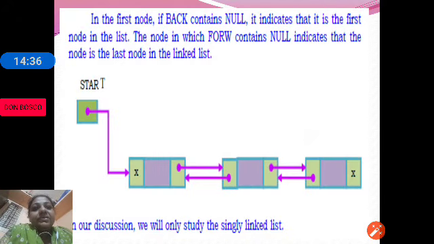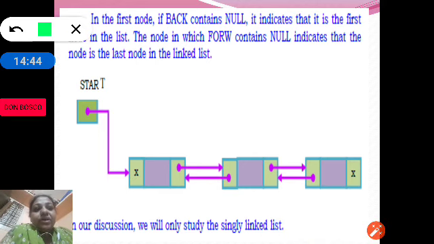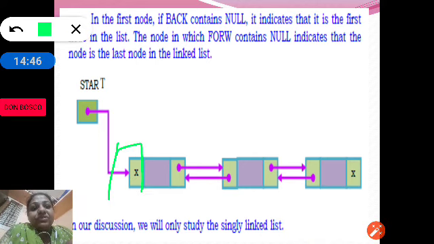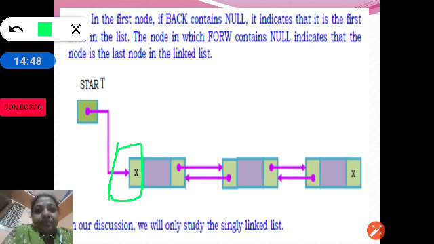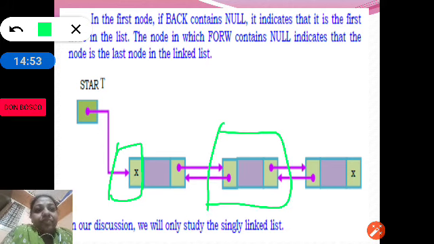So you can see in the example, in the first node, back is null because there is no previous node. This is the first node. And you can see the second node has two pointers, one to the previous node and the other to the next node.